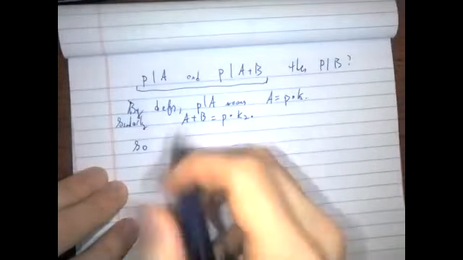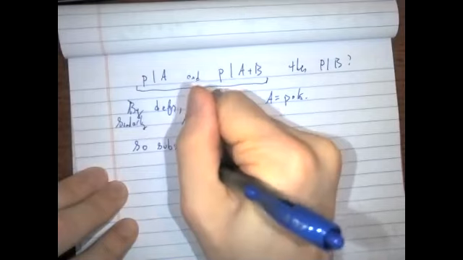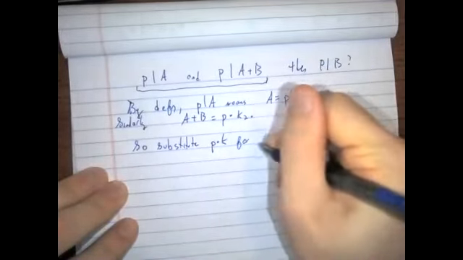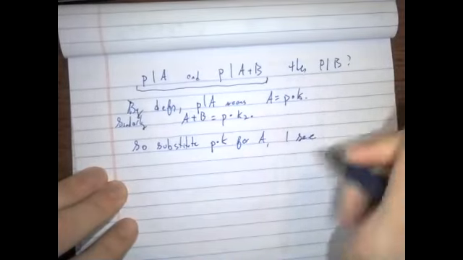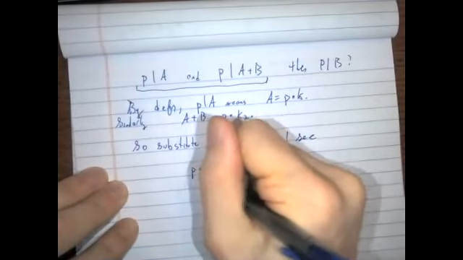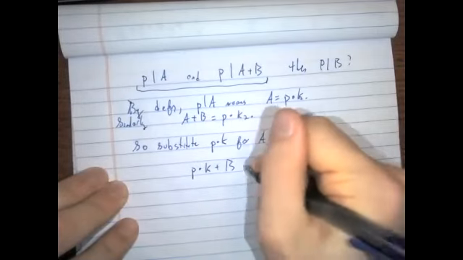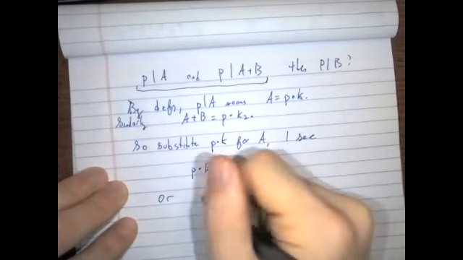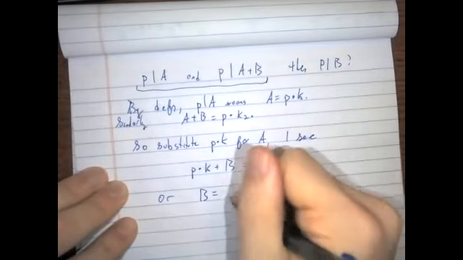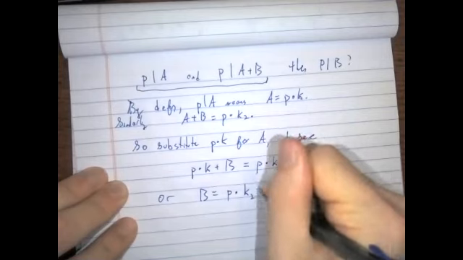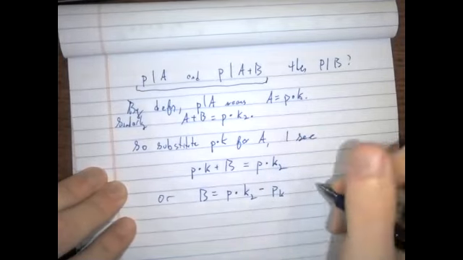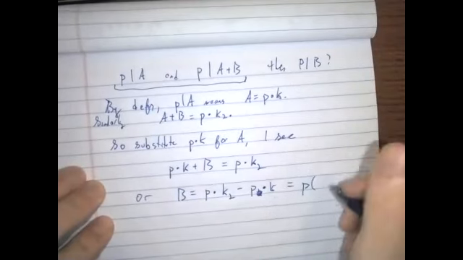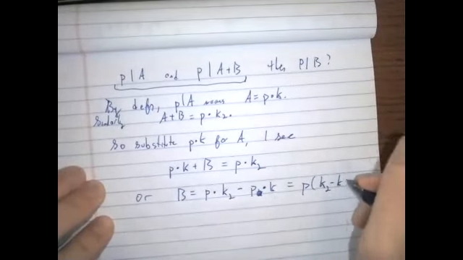So if I substitute P times K for A, I see P times K plus B is equal to P times K2, or B is equal to P times K2 minus P times K, which is equal to P times (K2 minus K).